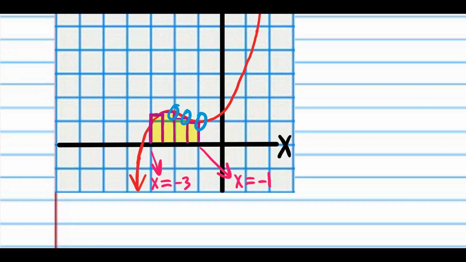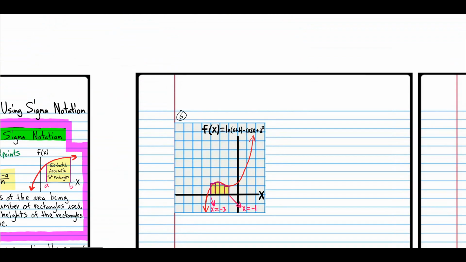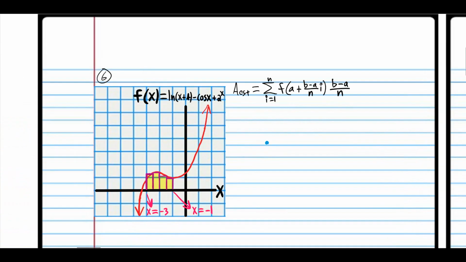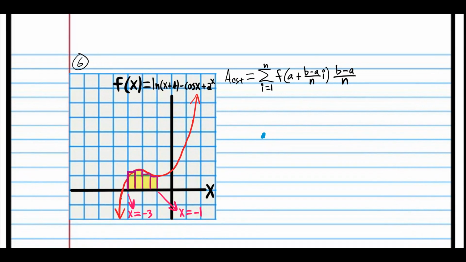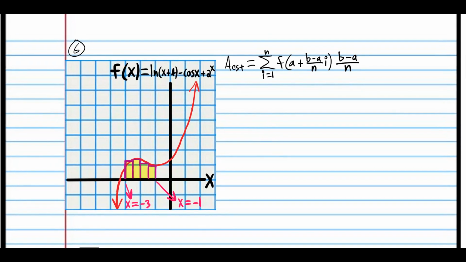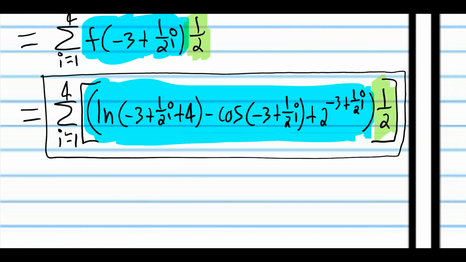That means we're going to use the formula for right endpoints. So let me give you that formula. Okay, so go ahead and try number 6, and when you come back, we'll do it together. Okay, we're back. So if you got that right, excellent.